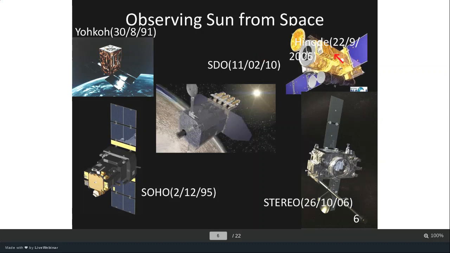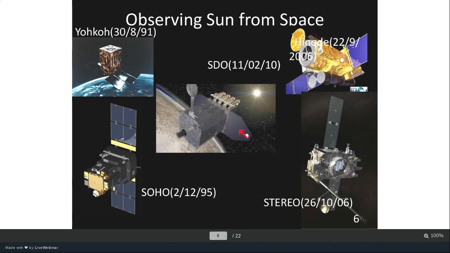Hinode is a Japan Aerospace Exploration Agency solar mission with US and UK collaboration. It was launched at 22 September 2006. It measures the sun in optical, X-ray and extreme ultraviolet range.